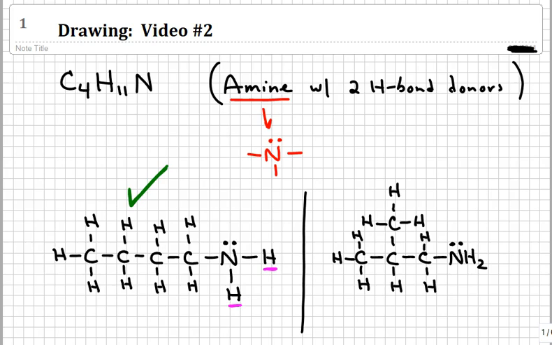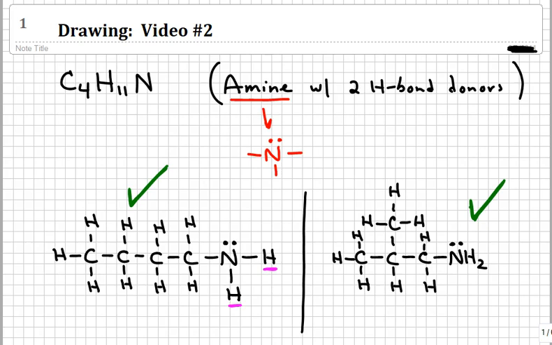And I believe that still works. You've got 4 carbons, 11 hydrogens, and the nitrogen. That will work as well. There's more ways to do it than this, but I think you get the point.